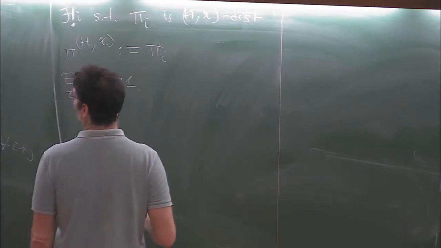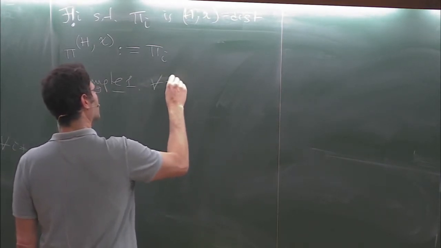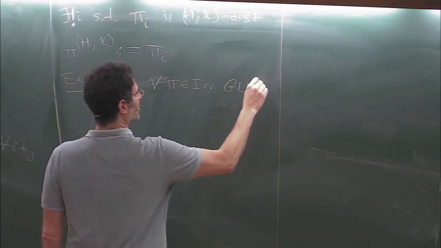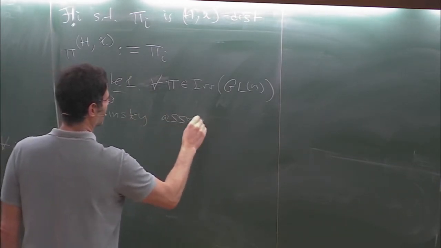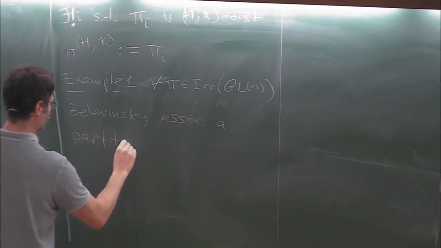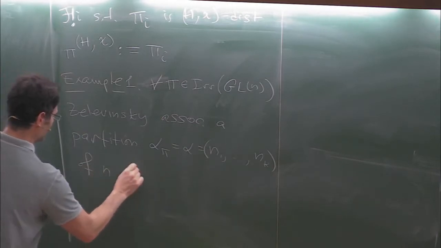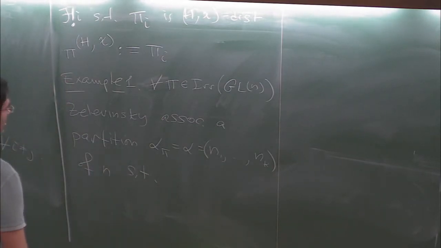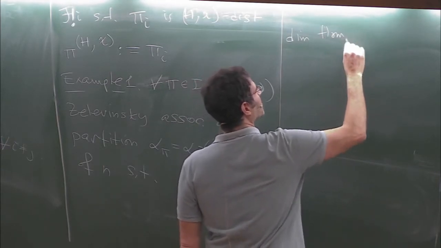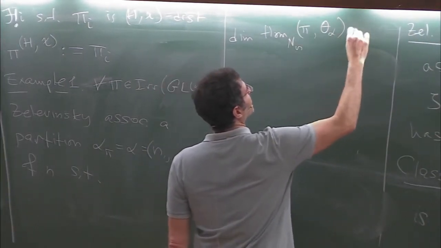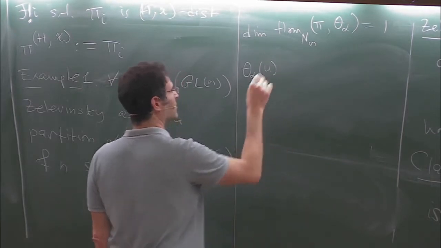In the case where, for every pi an irreducible representation of GLN, Zelevinsky associated a partition alpha_pi of n such that the dimension of these periods is 1, where theta_alpha in GLN is the following character of the upper triangular unipotent subgroup.